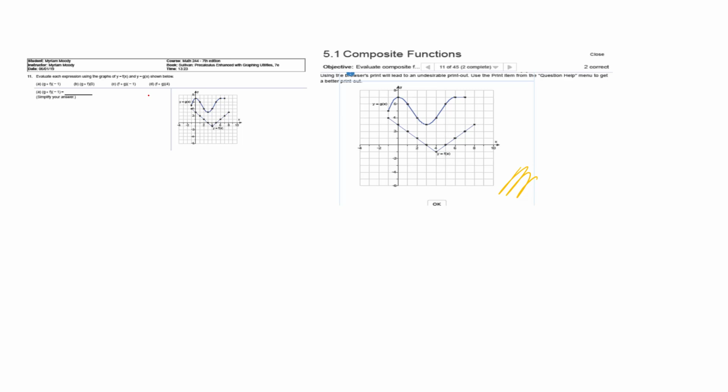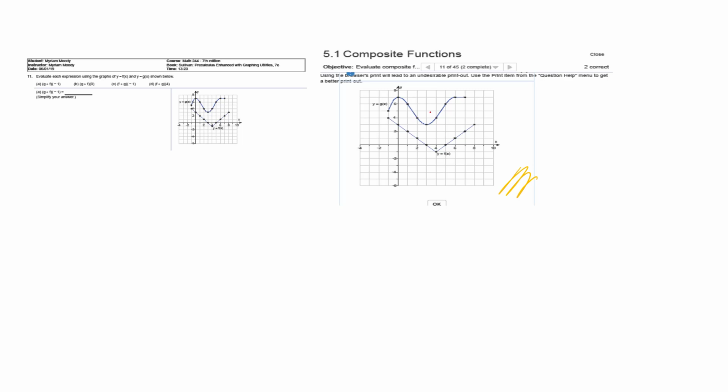And if you notice, the graph on the top is the G function. The graph on the bottom is the F function. And I am going to figure out the answer to these 4 problems using the graph. They didn't give me any functions whatsoever. All they gave me were graphs.